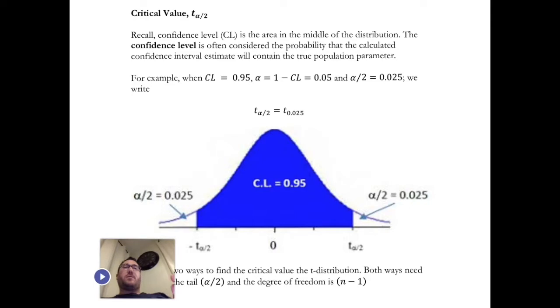So what we're going to end up doing is taking the complement of that, which is 1 minus that level, and then dividing that by 2. The reason is that for all confidence levels, we want to look at the middle proportion and then consider both the left tail and the right tail as its complement.